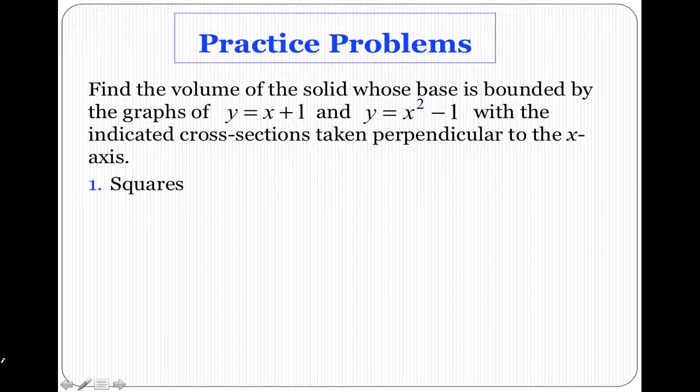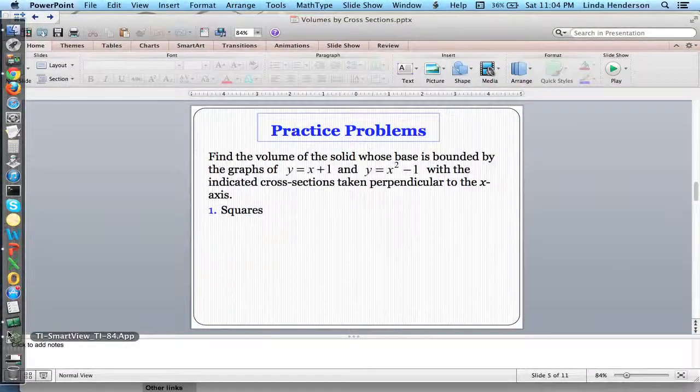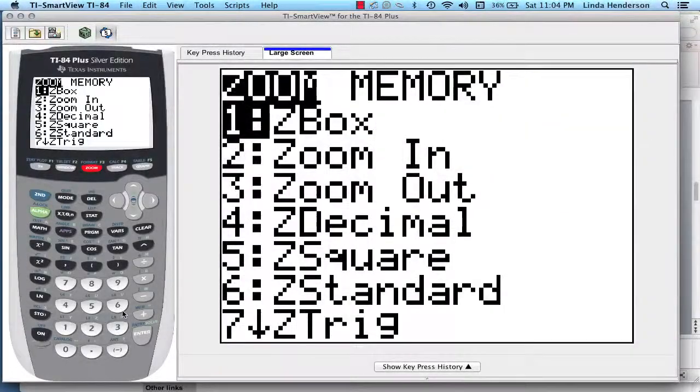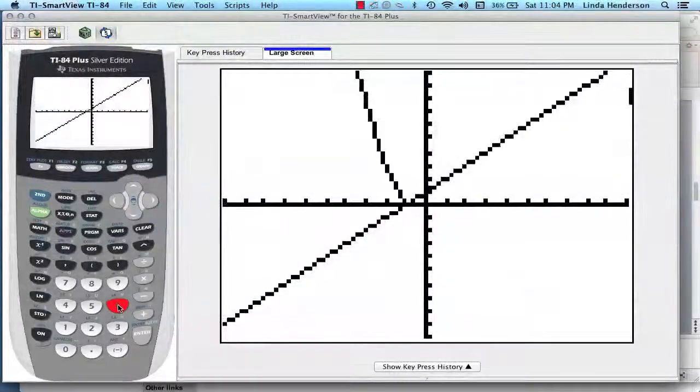All right, so let's take a look at the graph of this. You'll notice I have the two equations set up under y equals on my graph. Go ahead and graph them. So we want the area that's bounded here in the center, this sort of oblong shape.